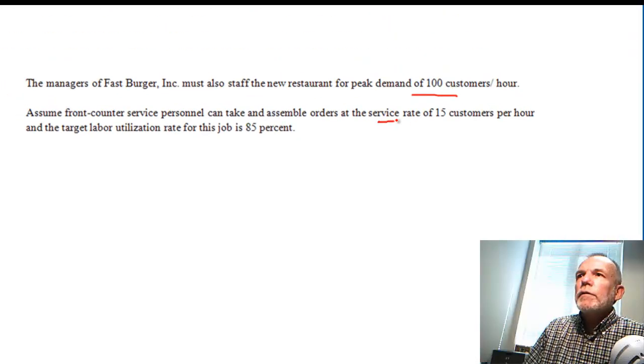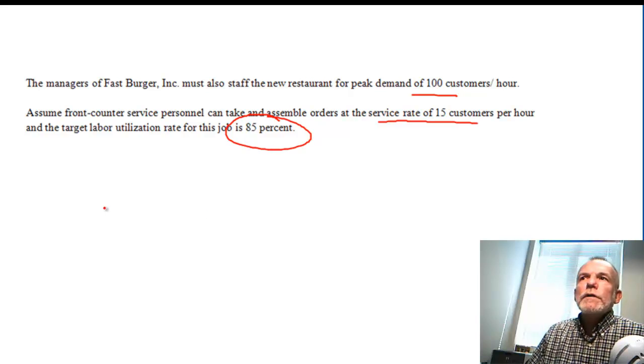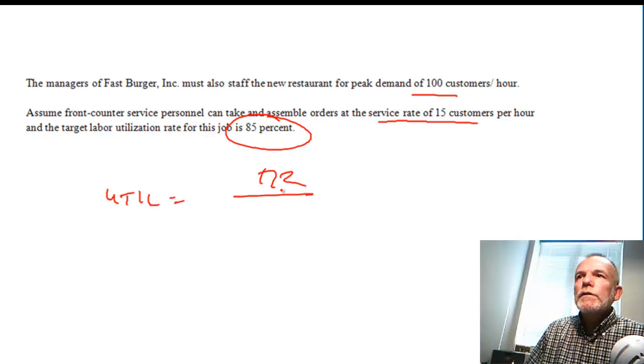So the last thing is, if you had a peak demand of 100, if a person could do 15 per hour, and you want a utilization rate for the job of 85%, then how many would we need to staff? Then utilization is demand rate over service rate times the number of servers.